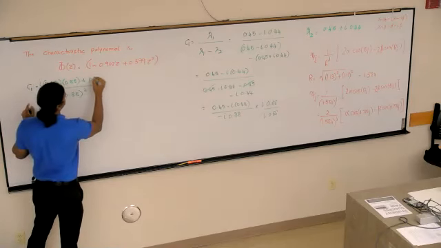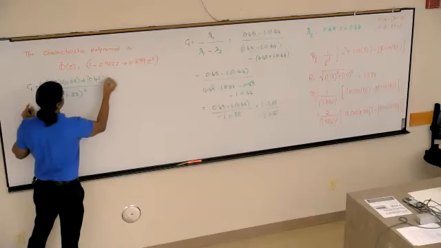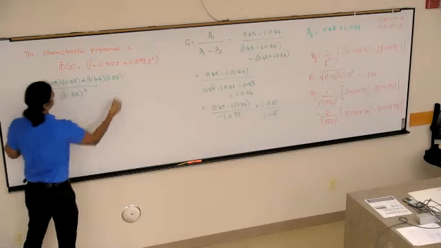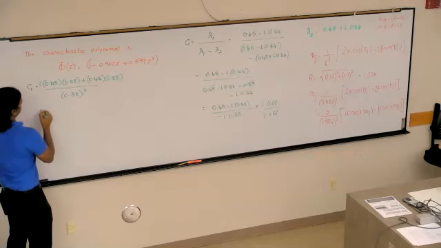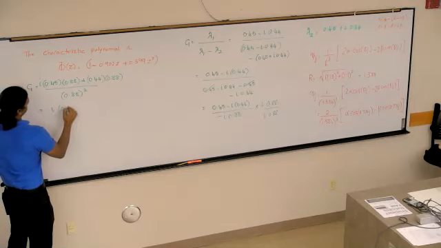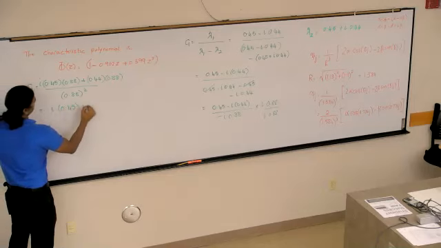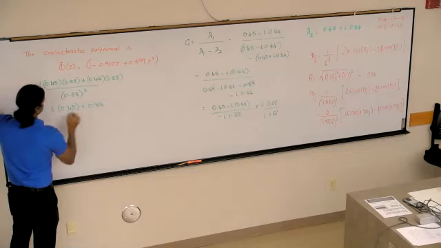plus 0.44 times 0.88. Good. I have a 0.88 in common, so I have I multiplied by 0.45 plus 0.44 divided by 0.88.